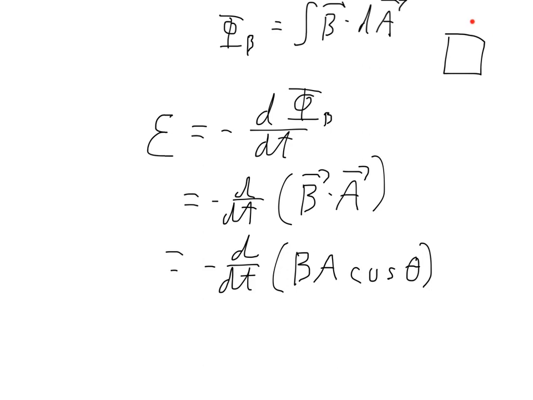So if I were to rotate the loop with respect to the magnetic field, then I could actually get some sort of potential out of just rotating this sort of thing. If I were to somehow change its size, I could do that. And if I were to change the strength of the field or move the loop around to some place where the field is getting weaker or stronger, then I'm going to get an induced EMF.